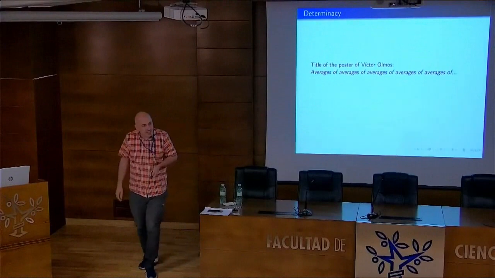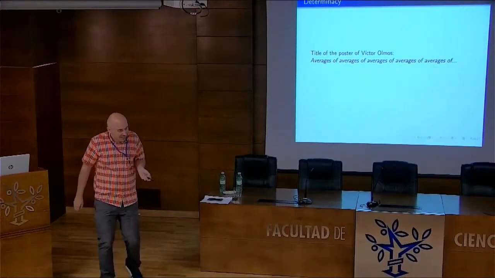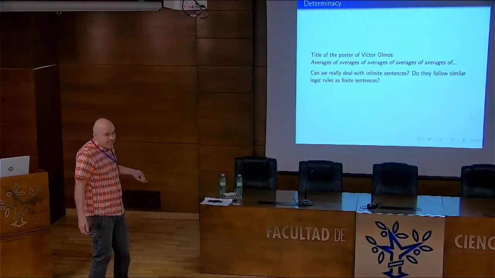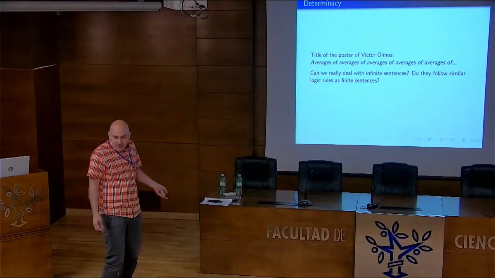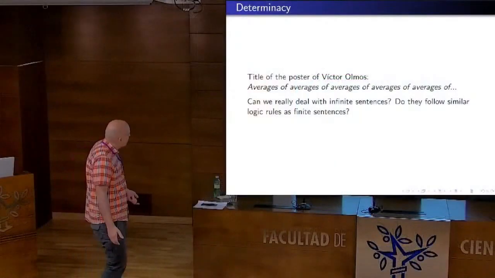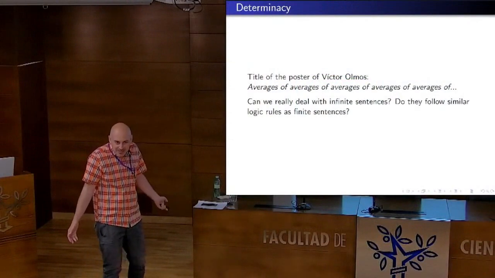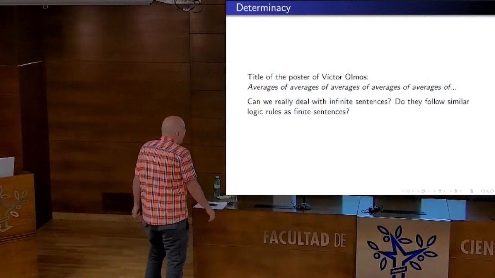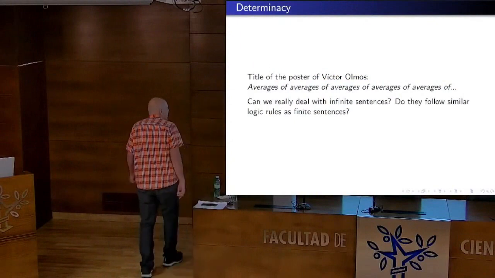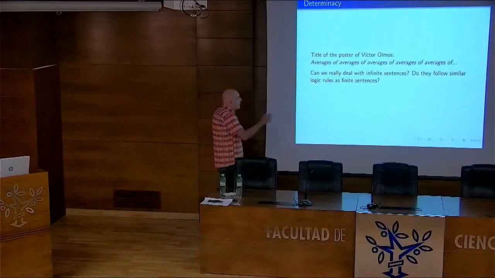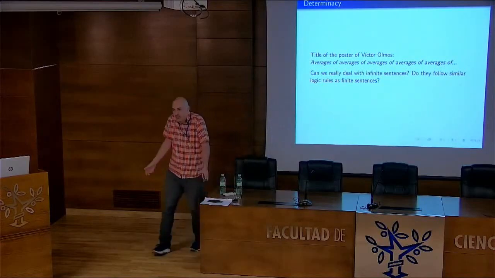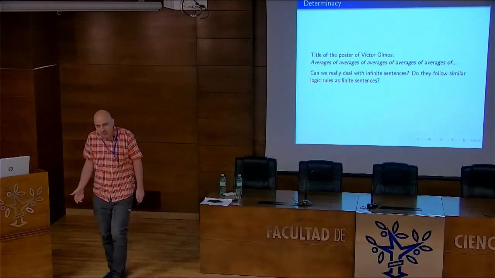Why do I think this is relevant here? Because one sees this title and perhaps poses the following question: is it really legal to write infinite sentences? And if it is legal, what are the logic rules that I should use to operate with infinite sentences?